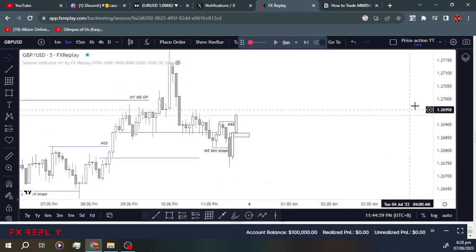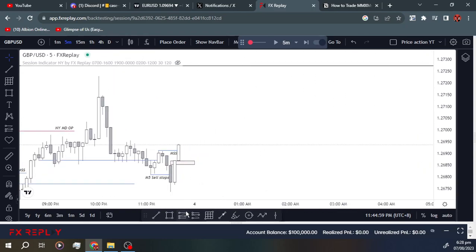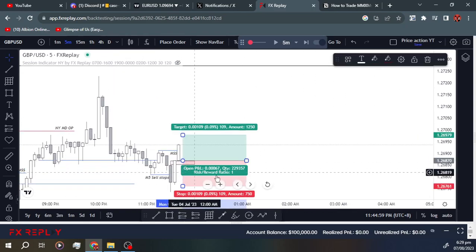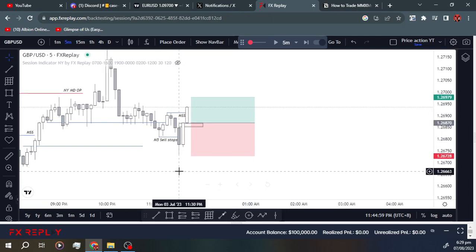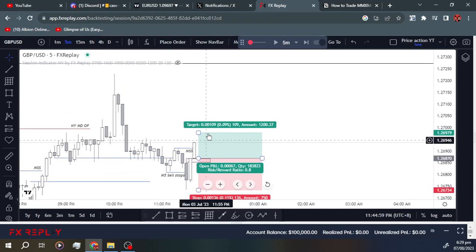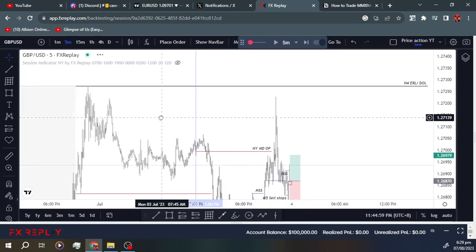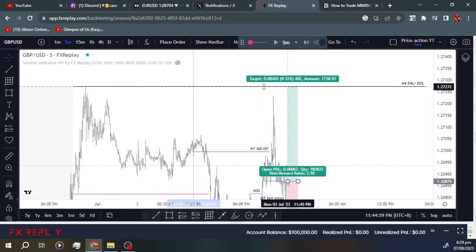So we'll put a limit order at this fair value gap, stop loss just behind this order block, and take profit will be this draw on liquidity.